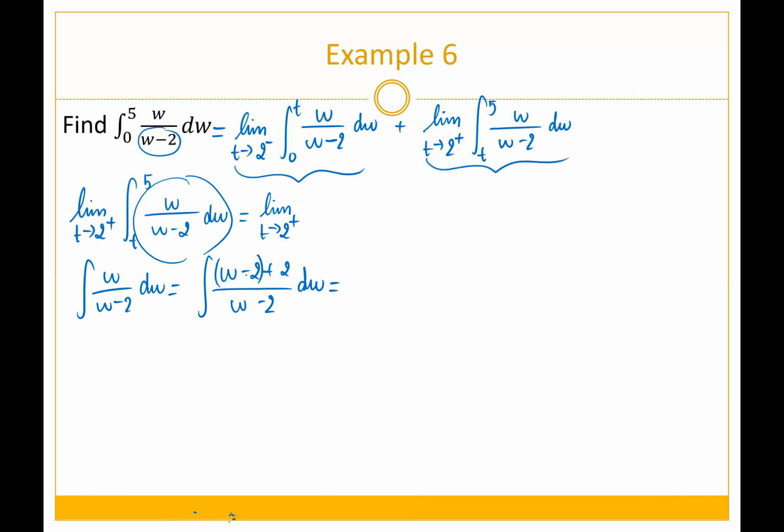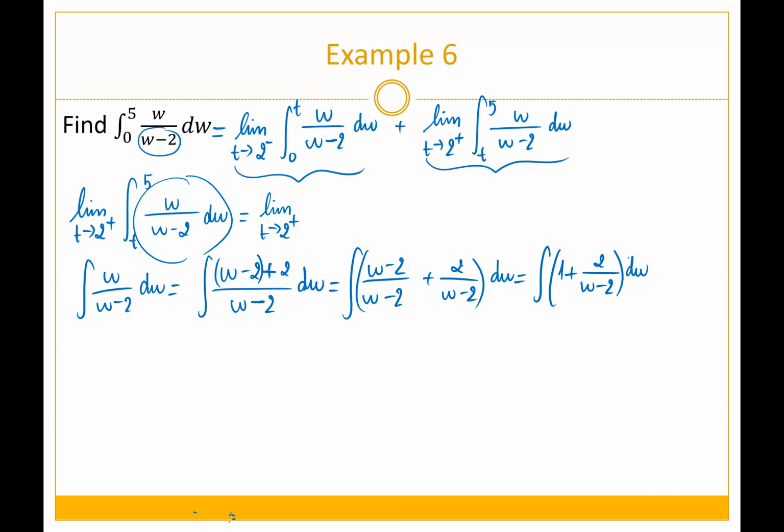When you separate the fraction, you have w minus 2 divided by w minus 2 plus 2 over w minus 2 dw, which gives the integral of 1 plus 2 over that. Now this is easy to find because it's w plus 2 ln of the absolute value of w minus 2, and then plus c.